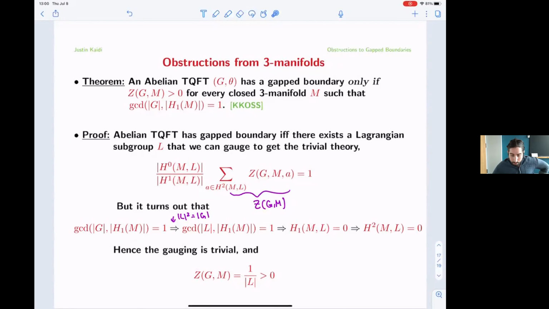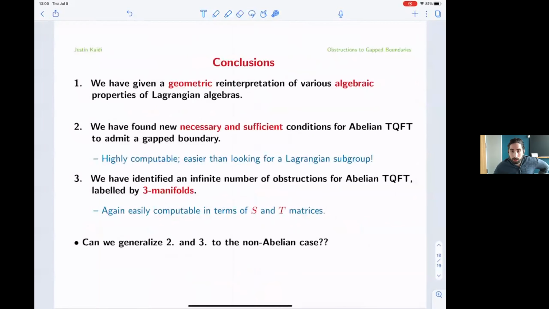Okay, great. So that's basically all I wanted to tell you. Let me go ahead and conclude. So what have we done in this talk? Well, first of all, we gave a geometric reinterpretation of various algebraic properties of Lagrangian algebras.